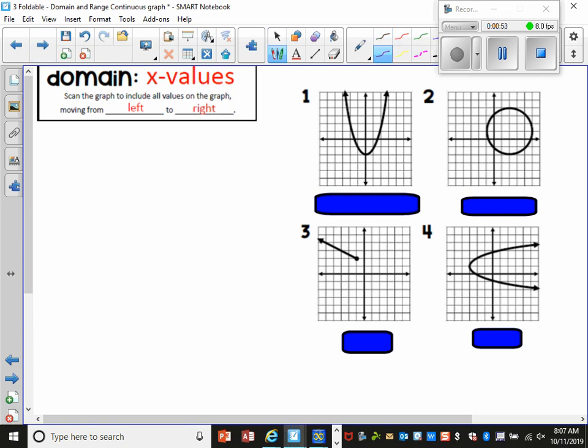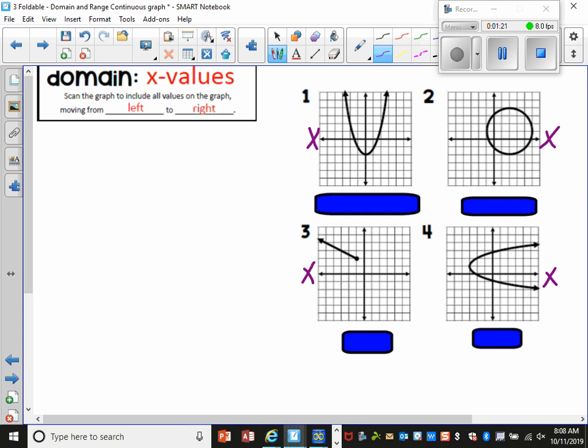When you're looking at a graph, you're going to scan the graph to include all the values on the graph, moving from left to right, because obviously this is your x-axis here. If I ask you what are the domain values and you don't see any dots, like this first one right here, we call that a continuous graph.